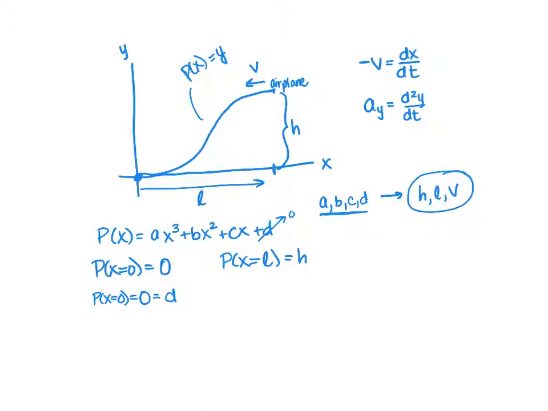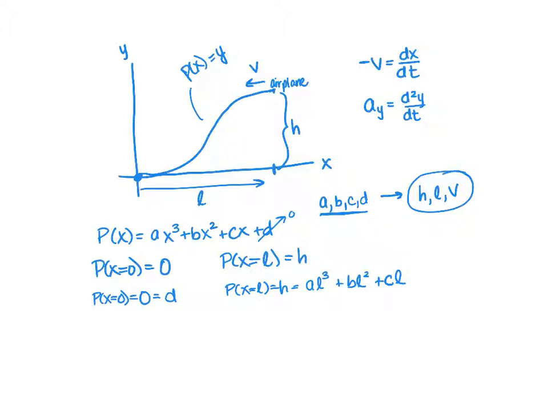Now using this, we'd have P at x equal L is equal to H. We're going to get A L cubed plus B L squared plus C times L. Right now that's not terribly helpful, but we might come back to it and be able to use it in a little bit.